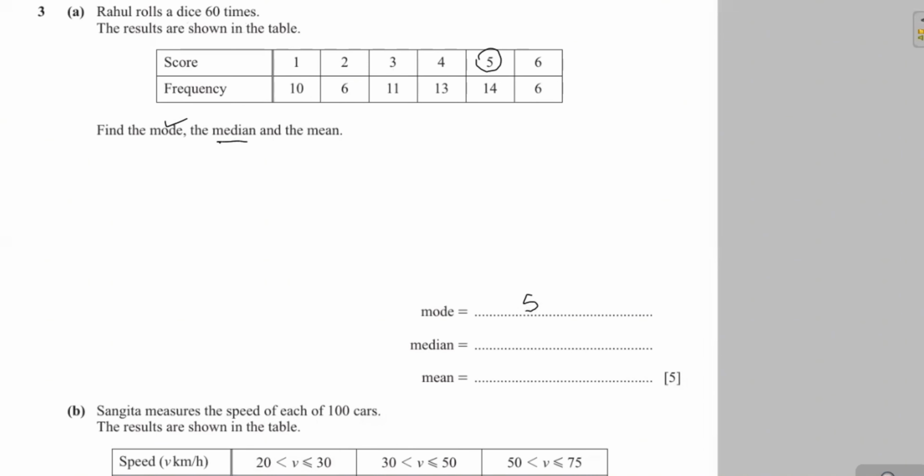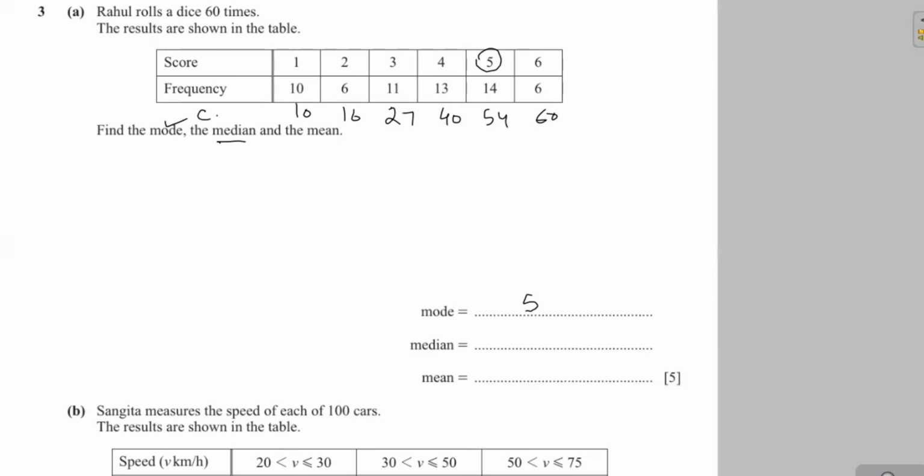And next is the median. Median is the middle value of the data. Look here, the score 1 occurs 10 times, and the score 2 or less than 2 is 16 times. The score 3 or less than 3 will be 27 times. The score 4 or less than 4 is 40 times, and the next values are 54 and 60.